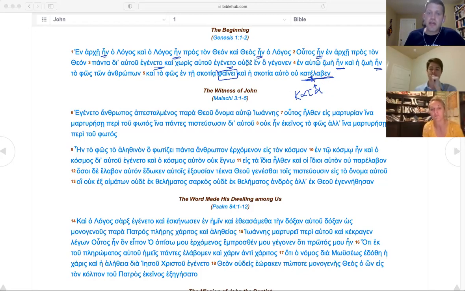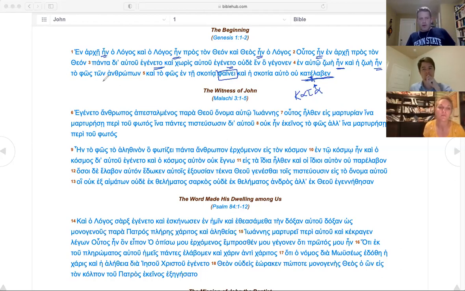But a lot of those skills apply, for example, en archē, or later en autō zōē ēn, in him was life, kai hē zōē ēn to phōs, and the life was the light. Photographia, light writing, is actually what photographo means.